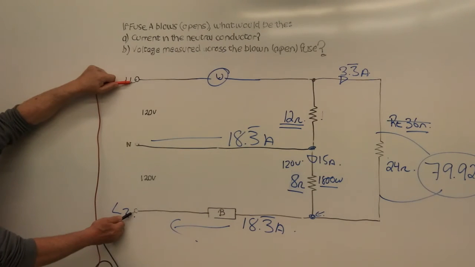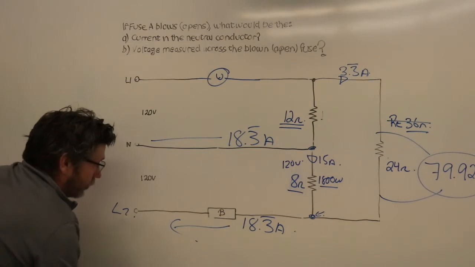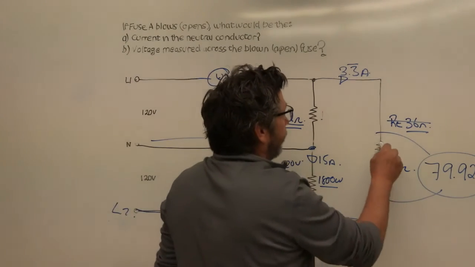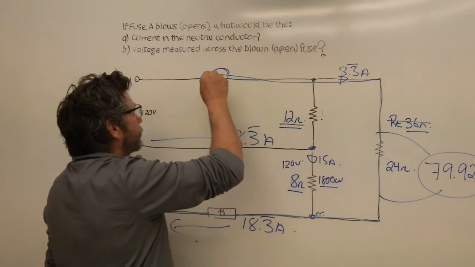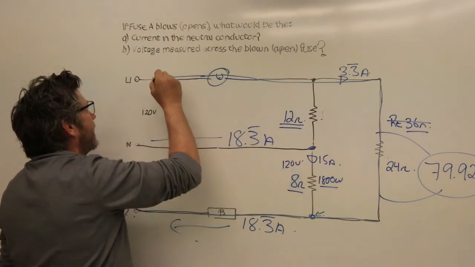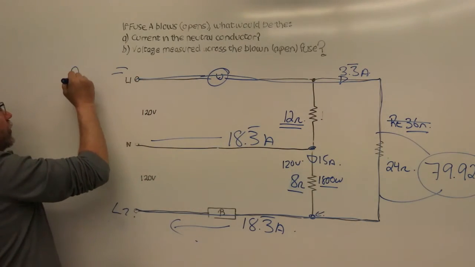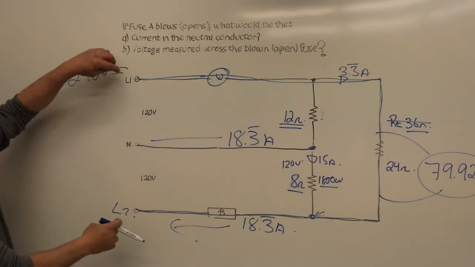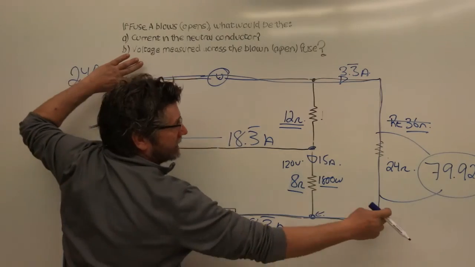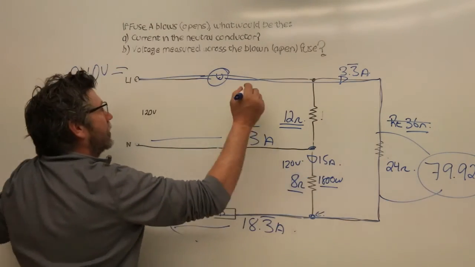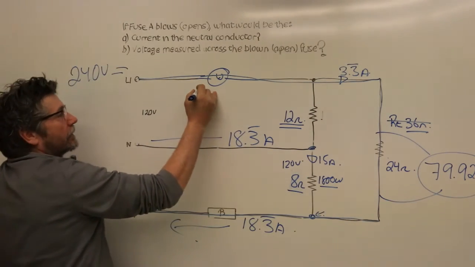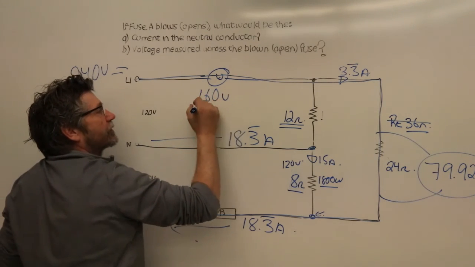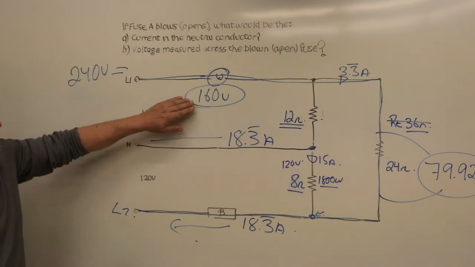I've got a 240 volt rise, a closed loop coming right through here. This voltage drop plus the voltage drop over the open fuse has to equal 240 volts. So let's do that. 240 minus 79.92 will equal what? 160. 160 volts over my blown fuse.